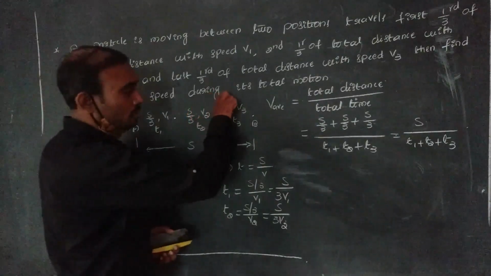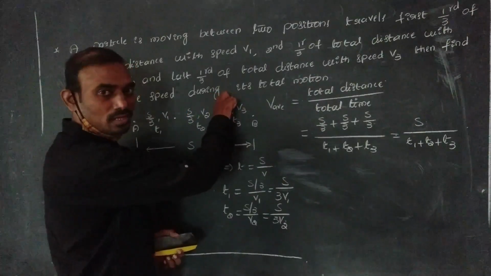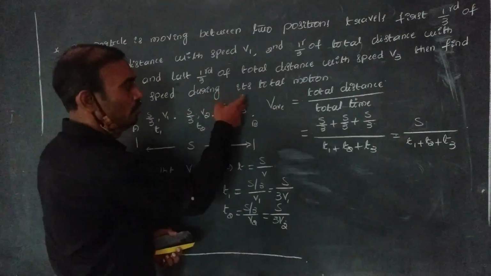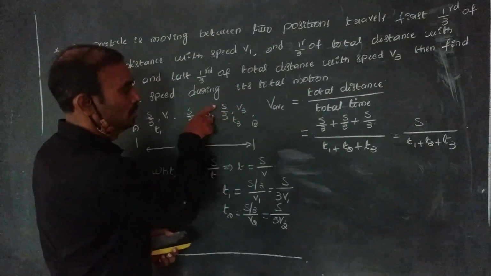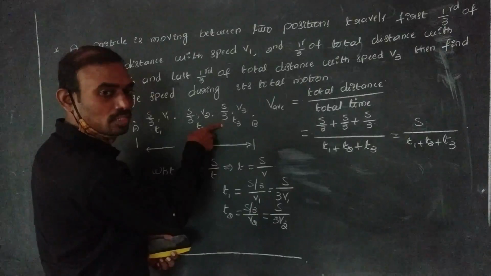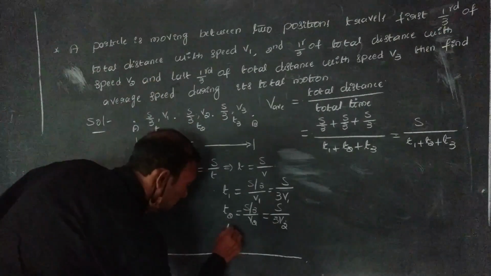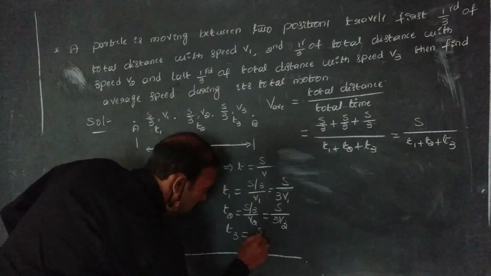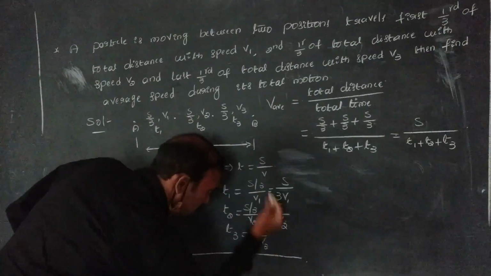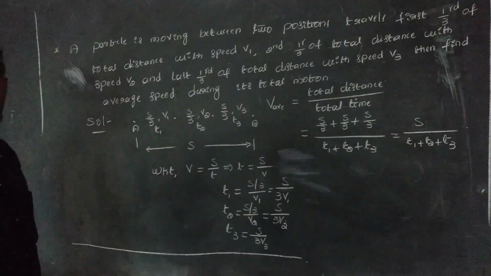Similarly for the last one third, speed v3, time taken t3 and distance S by 3. By substituting these values we get t3 equals S by 3 v3.